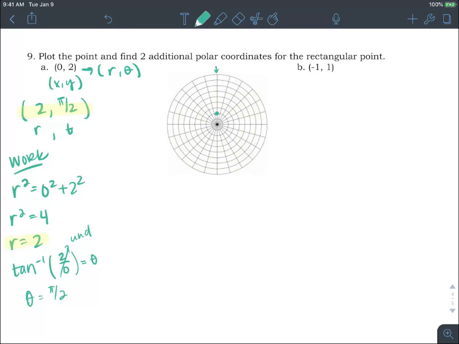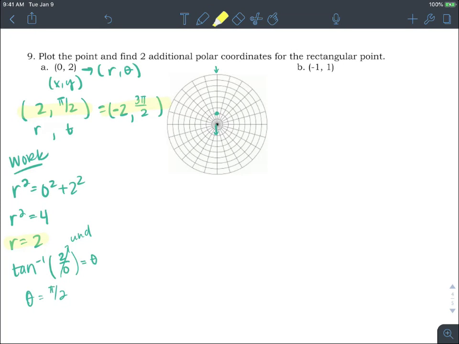So 3 pi over 2. So I'd be facing downward. So I'm going to have to move back -2. There's an infinite number of answers.